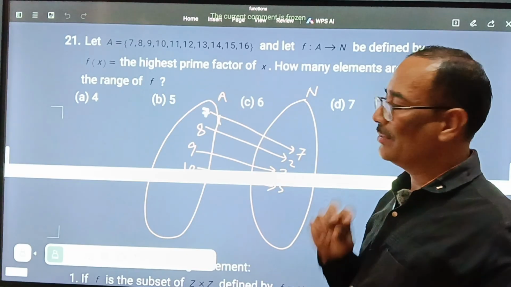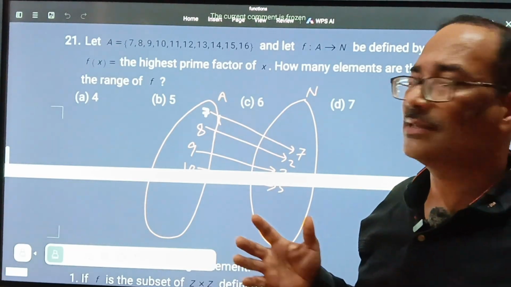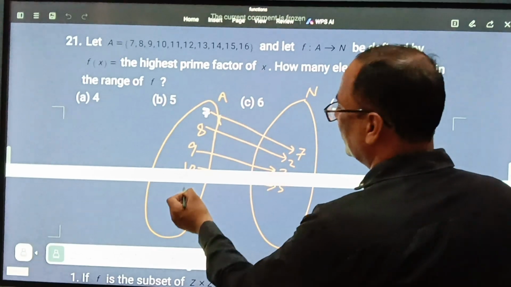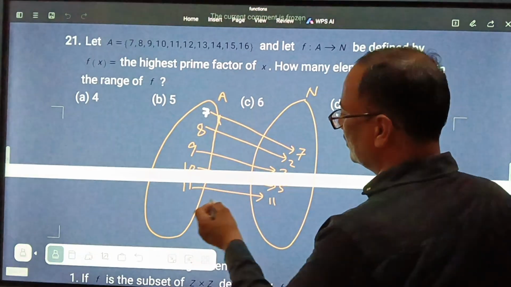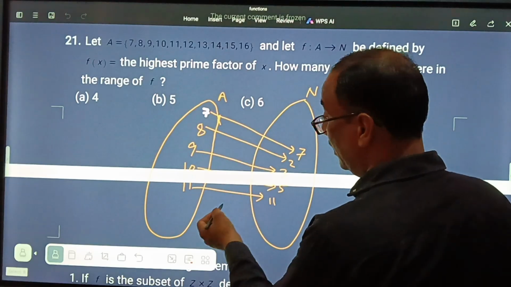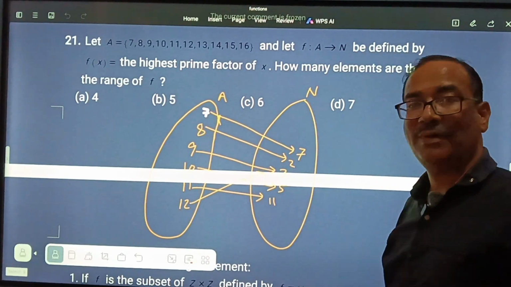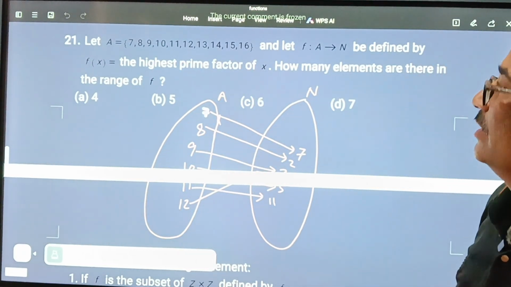When we factorize 10, 2 prime factors are there, 2 and 5. The highest prime factor is 5. Now 11 is definitely prime, so it is related to 11. 12 is related to 3, because 12 can be written as 2 into 2 into 3. The highest prime factor of 12 is what? 3.